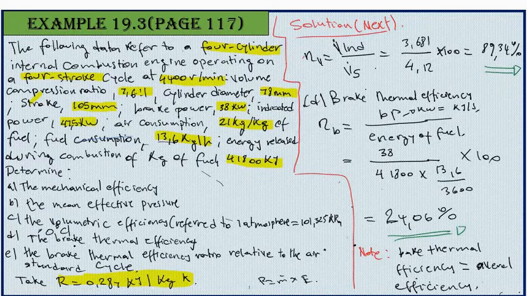So now we need to do the last question. In the last question, they want us to determine the thermal efficiency ratio relative to the air standard cycle. They recommend that we use R, which is 0.287 kilojoule per kilogram.